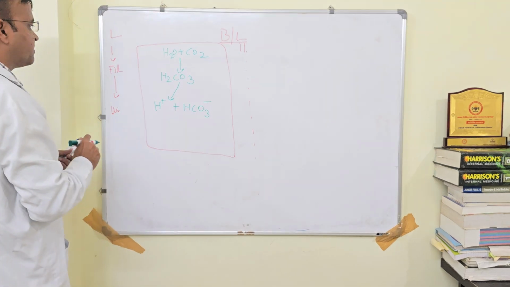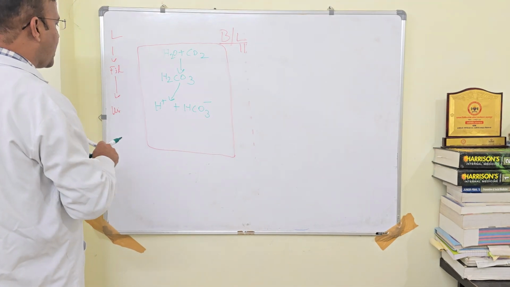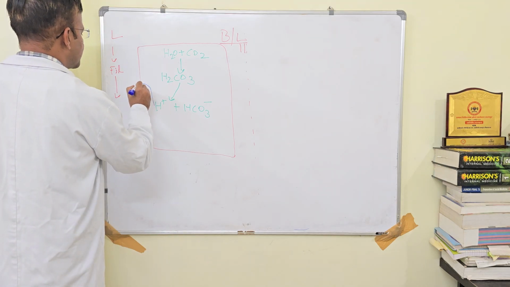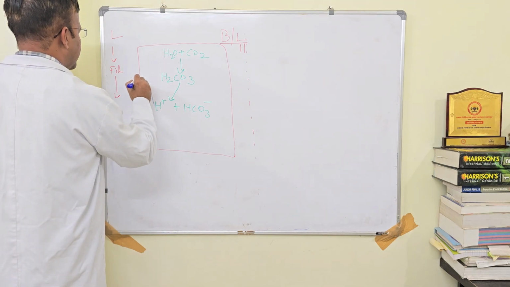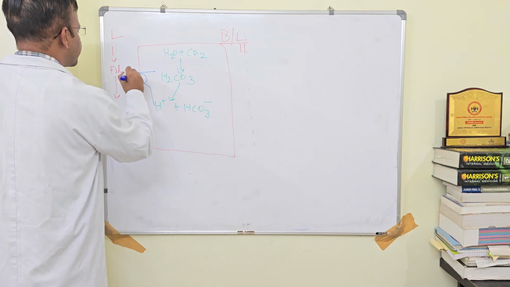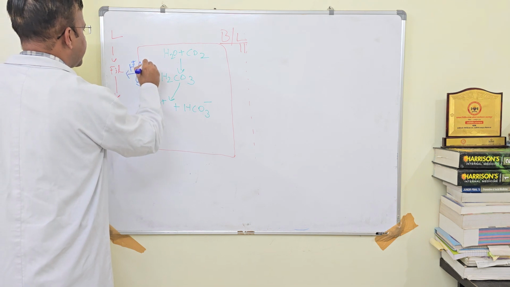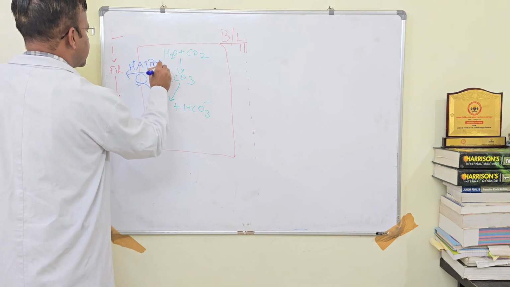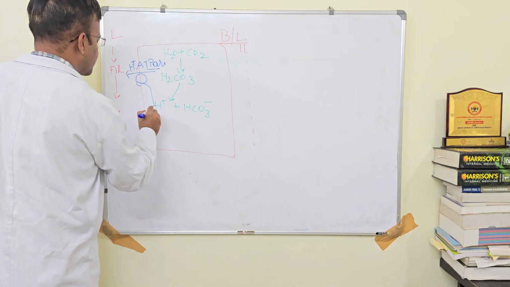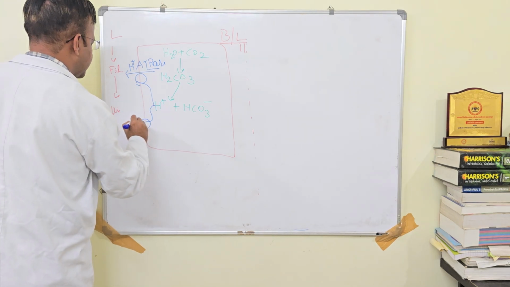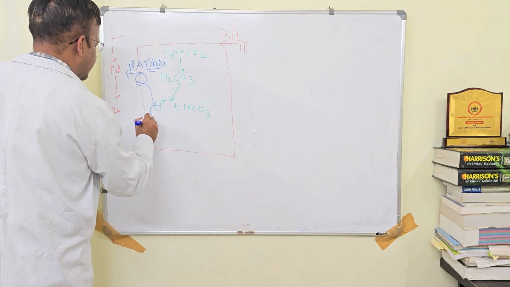Now this H plus can go outside the cell through two ion channels, right? One ion channel is your H plus ATPase. Another ion channel is your H plus K plus ATPase.